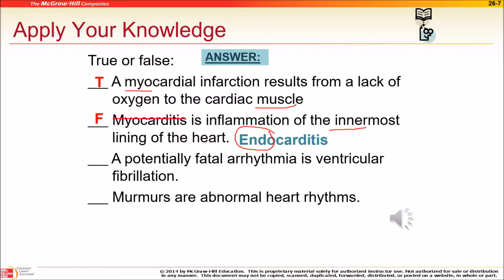A potentially fatal arrhythmia is ventricular fibrillation. That's when the heart quivers rapidly. And the only thing that can help you out is a... No, it's atrial. So is it atrial or ventricular? VFib or AFib? Which one is a killer?